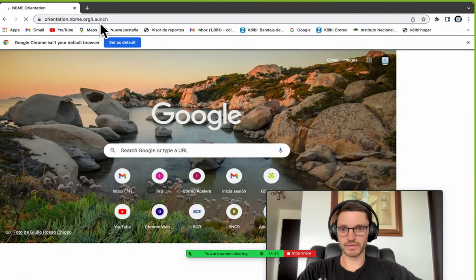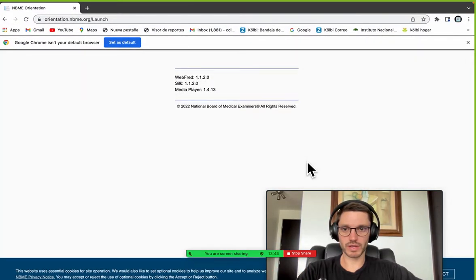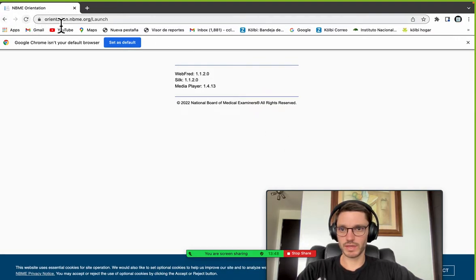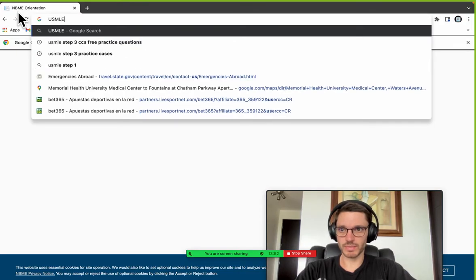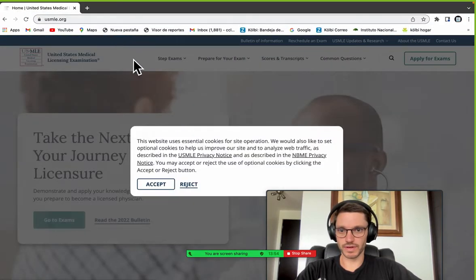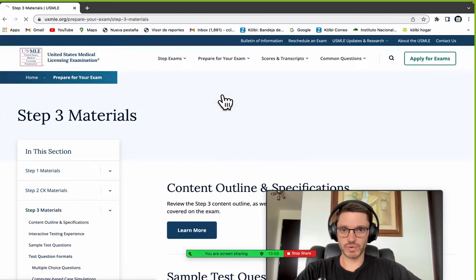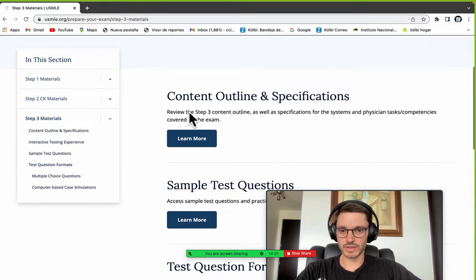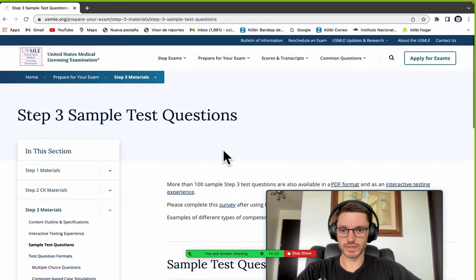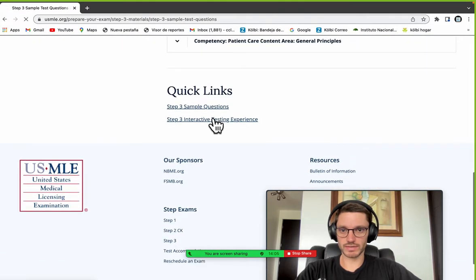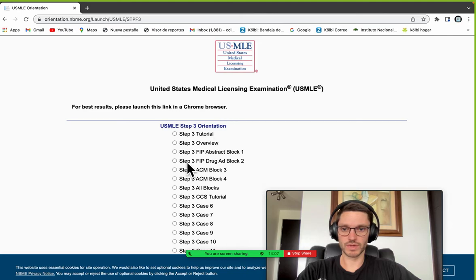We already have seen the most important part here is that we are understanding where the case wants to take us. usmle.org. Let's see if I can get there. Accept the cookies, step 3 materials, sample test questions, go down to interactive testing experience. Very well.